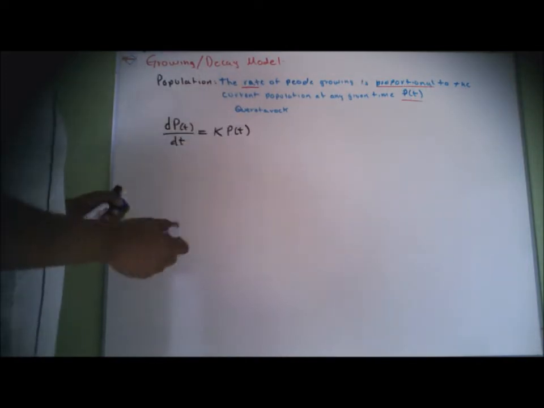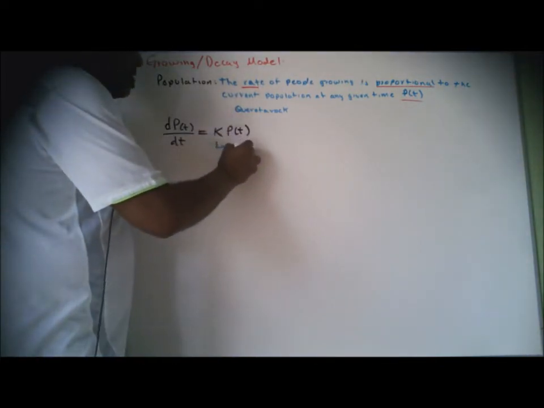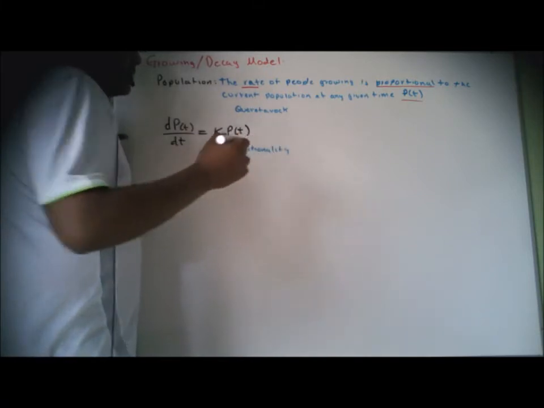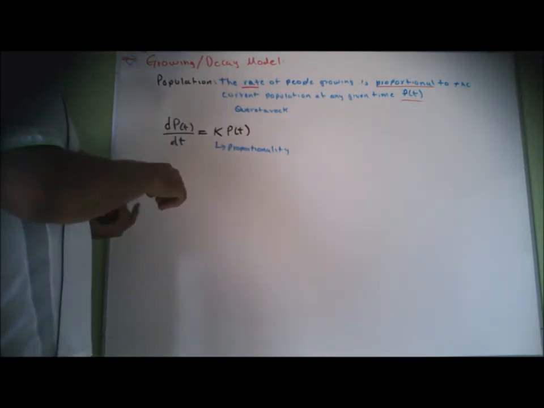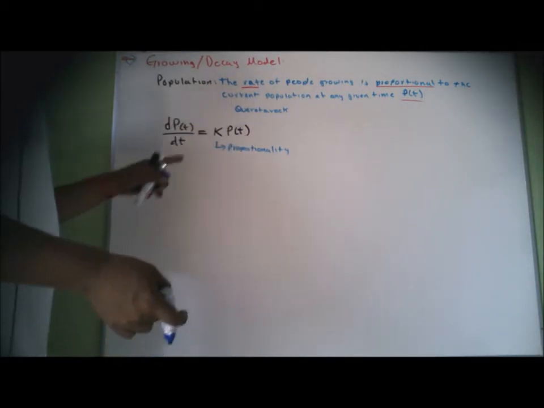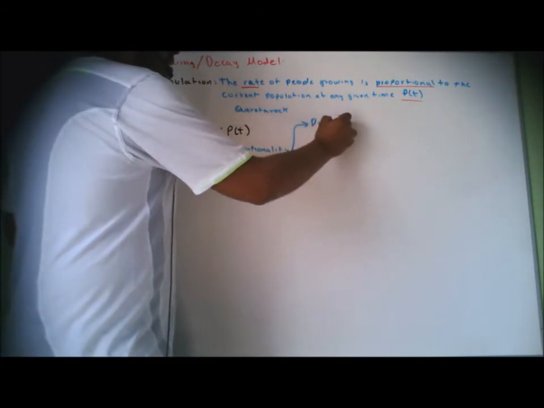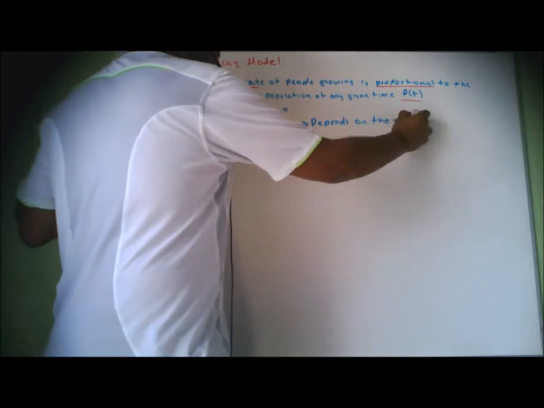Here, K is the proportionality constant. It could be 2, could be 0.5, or something different. Now, this proportionality depends on the environment.